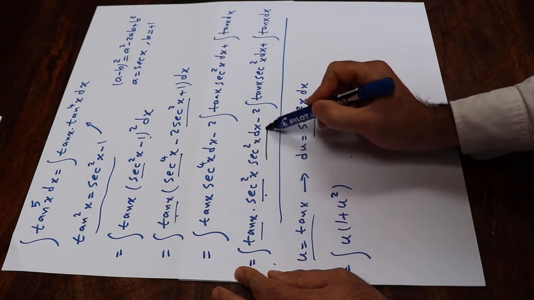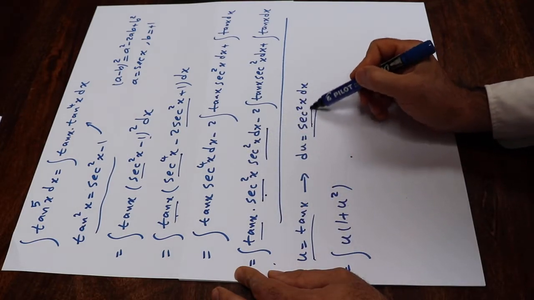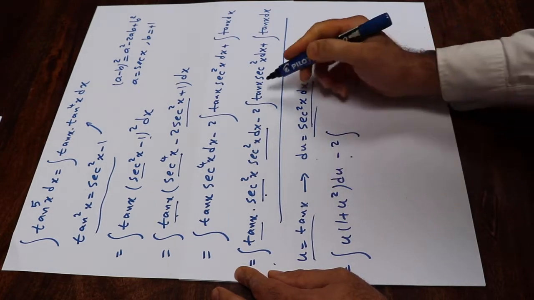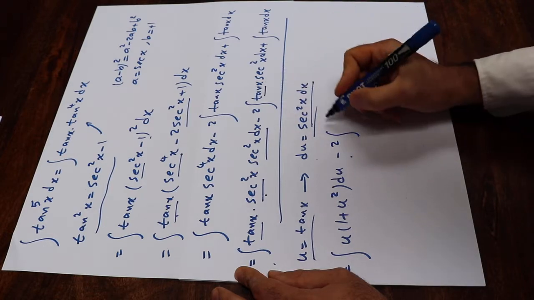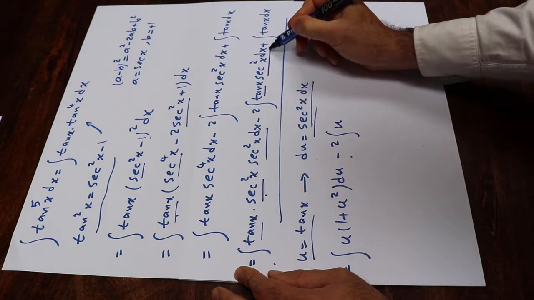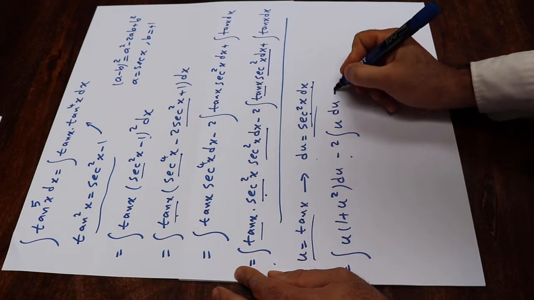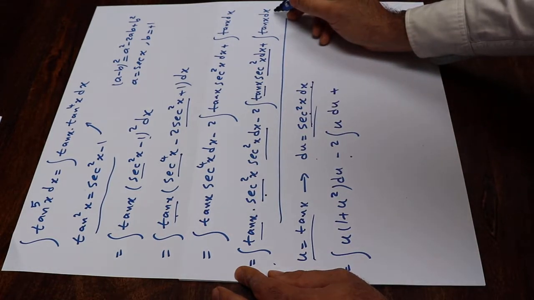Instead of secant squared x dx, I simply write du, minus 2 times, instead of tangent x, u, and instead of secant squared x dx, du, plus the integral of tangent x.